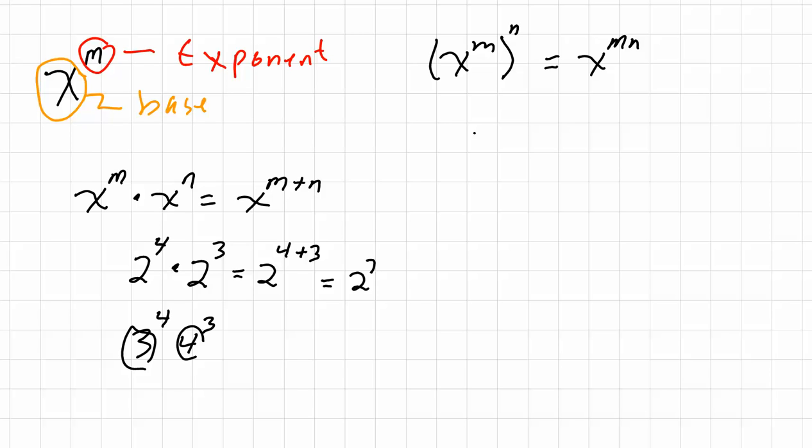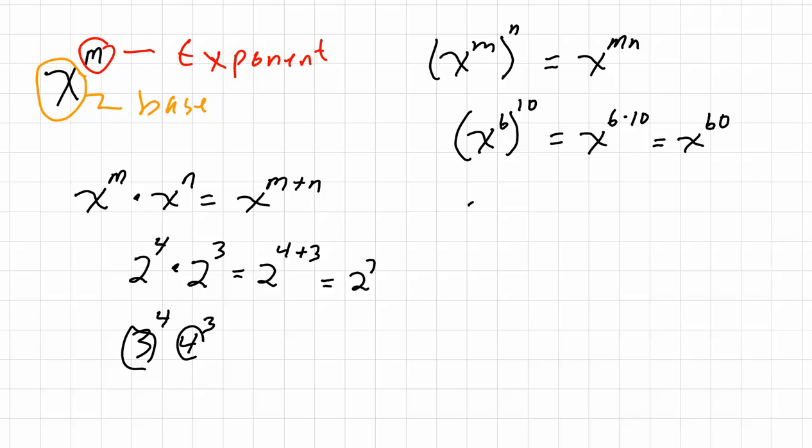So if we had x to the 6th and we're raising that all to the 10th, that'll be x to the 6th times 10, which is x to the 60th.